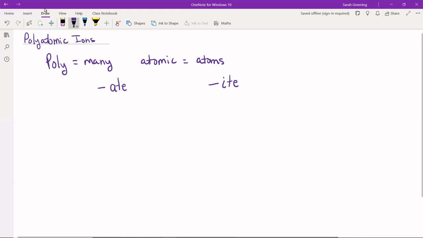So one way that you can help lessen the load is if you remember what the ate polyatomic ion is, and you know that it has more oxygens, then it'll be much easier to remember the ite because it usually has one less oxygen. And the charge stays the same as well.